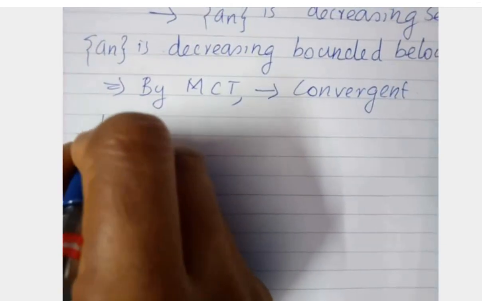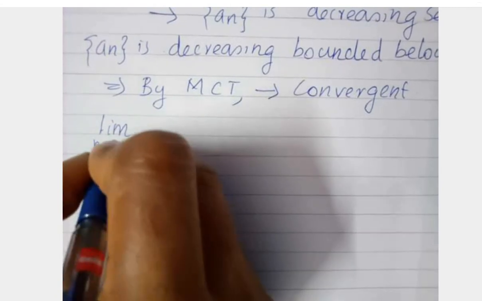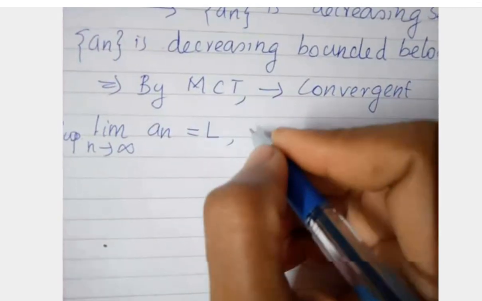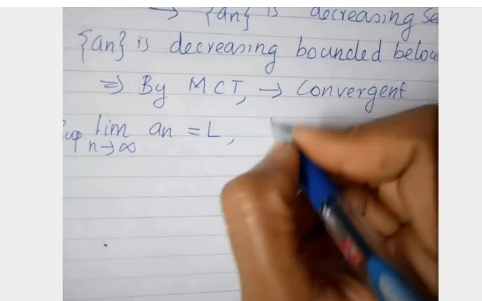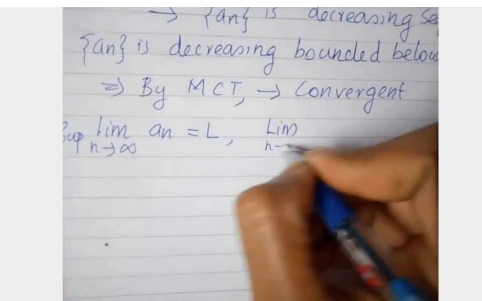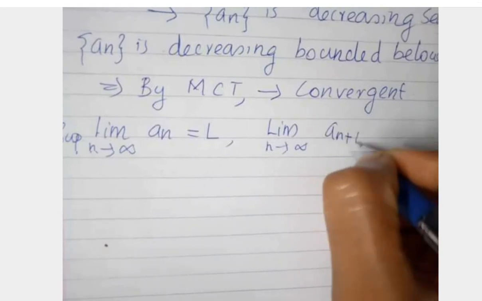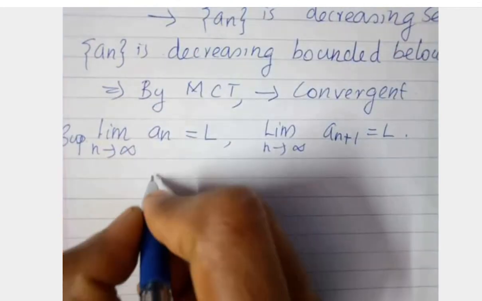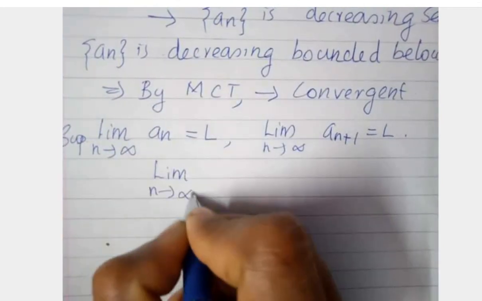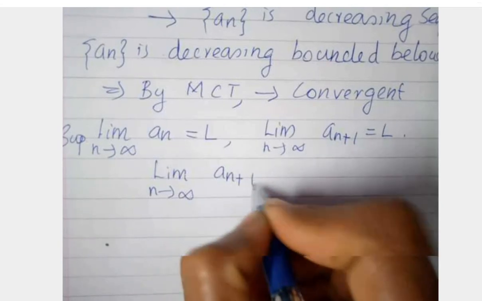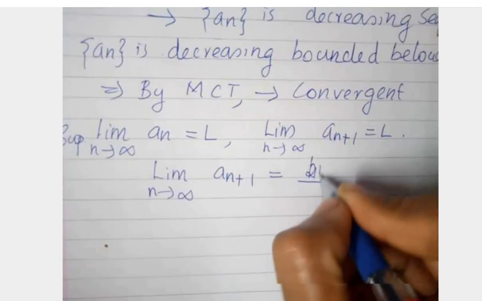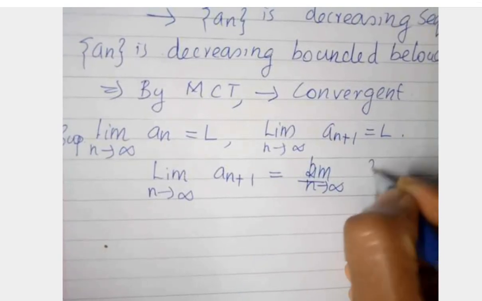Suppose that limit n tends to infinity an equal to some L. Then limit n tends to infinity an plus 1 also must be the same as L. So limit n tends to infinity an plus 1 equals limit n tends to infinity 2 by n plus 1 into an.